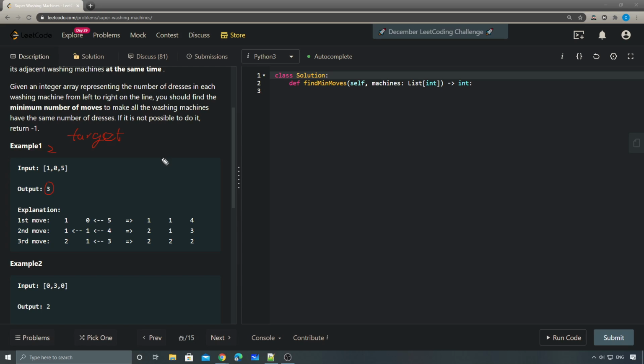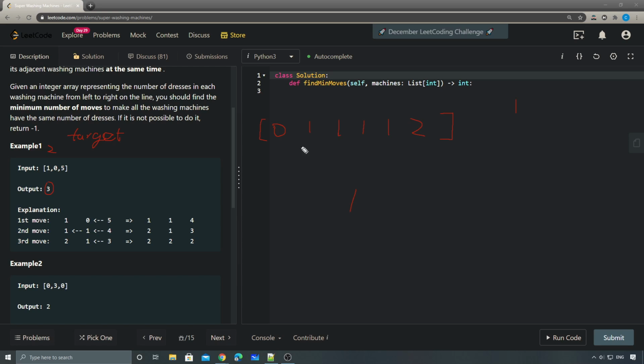I'll give you another example. Let's say we have 1, and 2. How about this one? The target is 1, and the answer for this example is 1. Why is that?